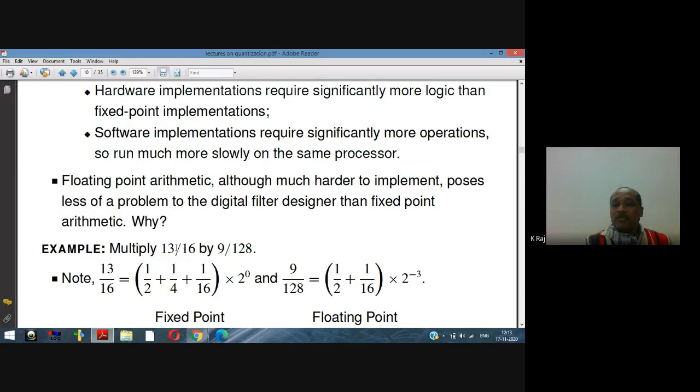If we consider the multiplication of two numbers, 13 by 16 and 9 by 128, 13 by 16 may be represented as 8 by 16 plus 4 by 16 plus 1 by 16, that is 1 by 2 plus 1 by 4 plus 1 by 16, multiplied by 2 to the power 0. Similarly, this one may be represented as 1 by 16 plus 8 by 16, that is 9 by 16, multiplied by 1 upon 8, that is 2 to the power minus 3. This is the floating point representation, and this is the fixed point representation here.